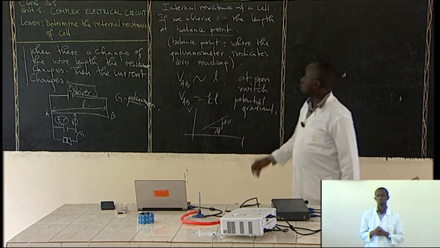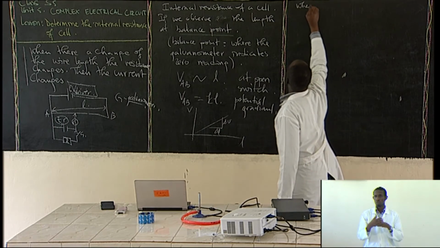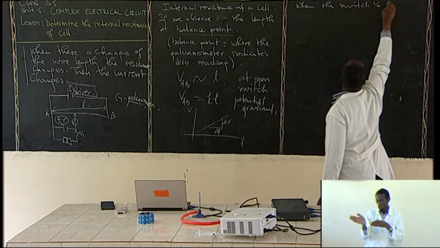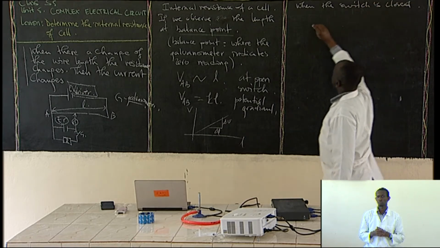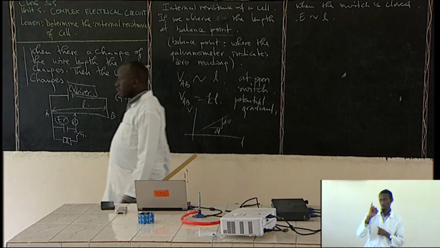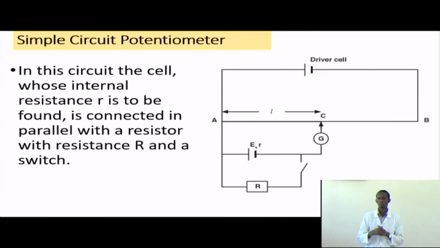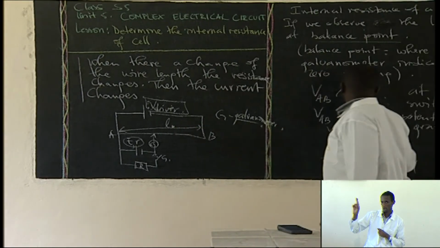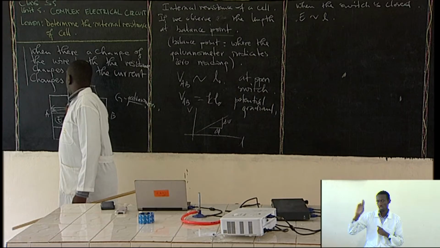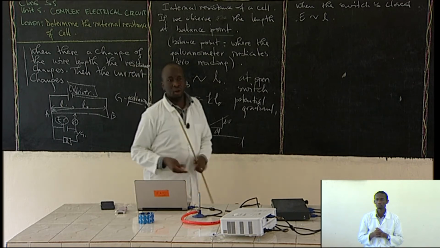And when the switch is closed, what do we find? We find this E proportional to L. So let's call this L is 0, and this here we have L. Here it is L. So we are trying now to match with our diagram, right?